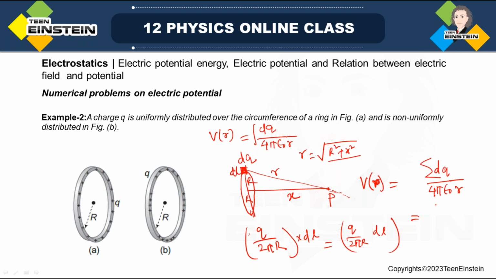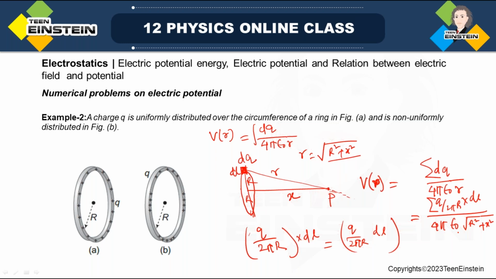So in place of dq we can write q by 2 pi capital R into dl. We have to take the sum of that, divided by 4 pi epsilon naught r. This r we have already written as square root of r square plus x square.